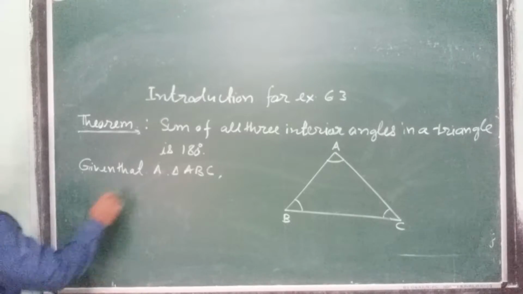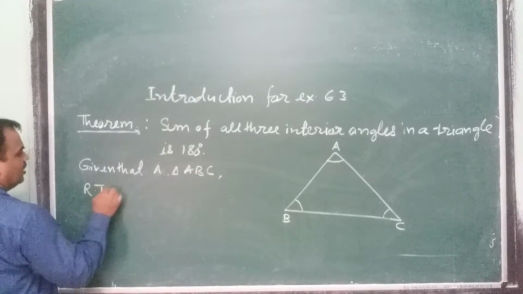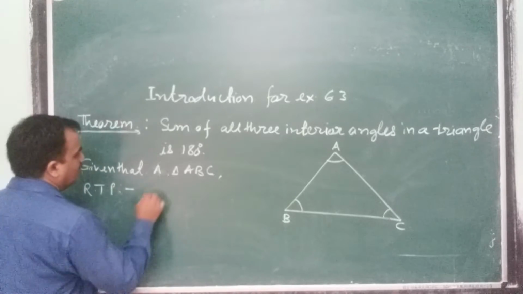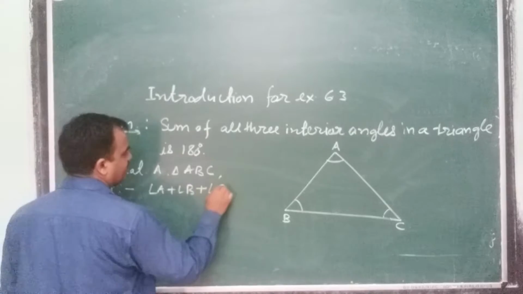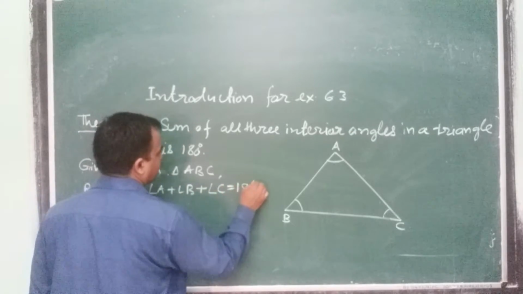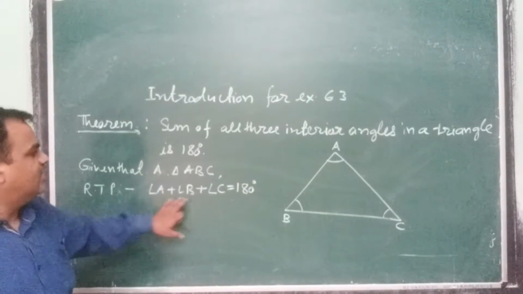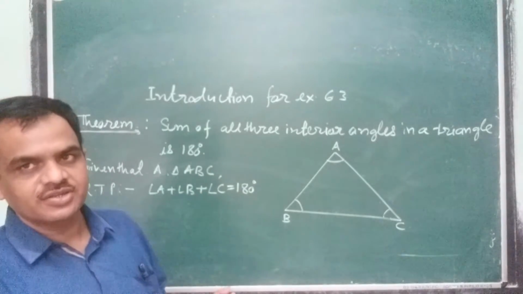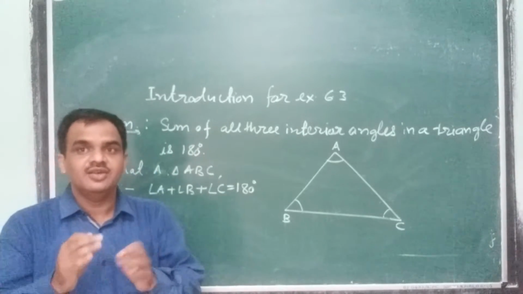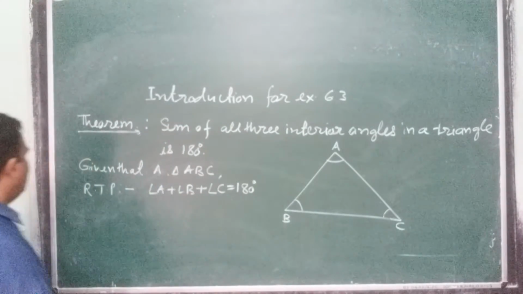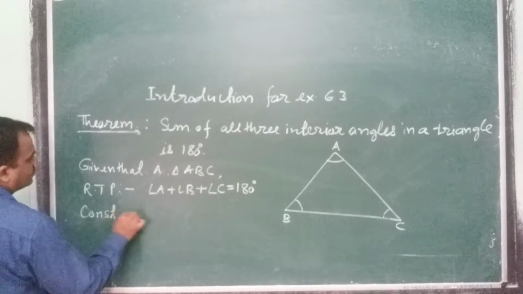In this triangle, what you need to prove, so you will be writing, required to prove: angle A plus angle B plus angle C equals 180 degrees. Okay. This we have to prove. These are the steps actually. First of all, the statement, then what is given and what to prove. And if needed, you will use construction.